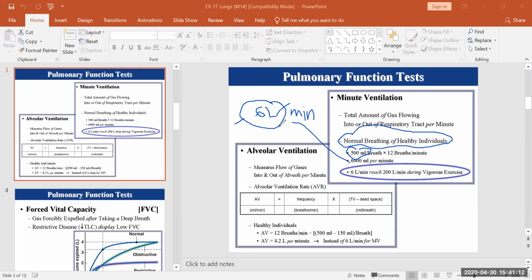When you exercise, that number will be increased up to 200 liters of air per minute. That's an incredible amount. That's more than 30 times the amount of air being displaced at rest. Okay?